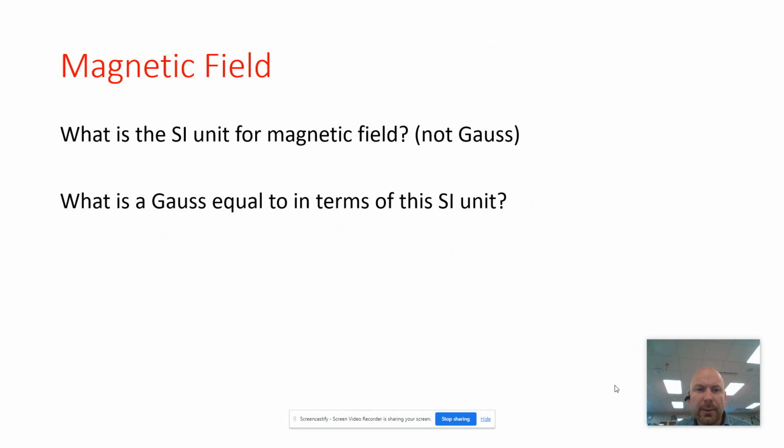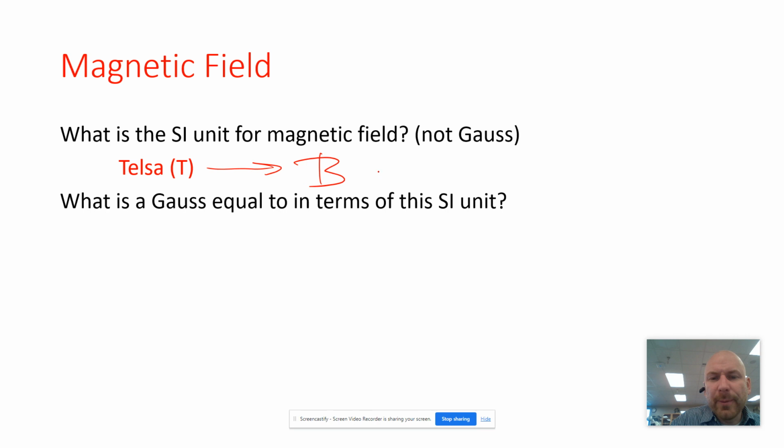All right, so the SI unit for magnetic field is a Tesla. We've heard of those, but not for magnets. Tesla is the unit for magnetic field. So B is the variable for magnetic field, and T is the unit.